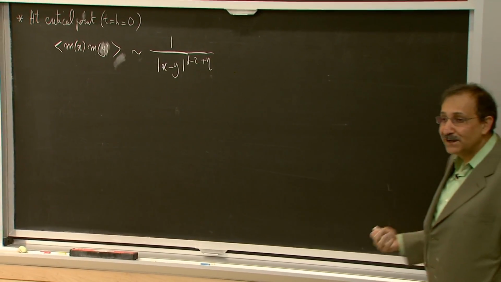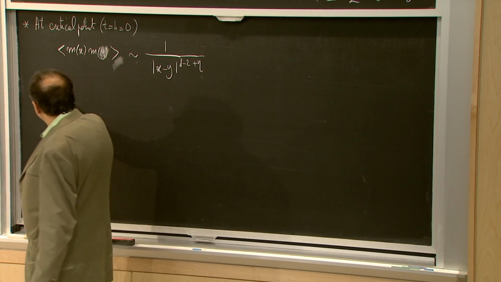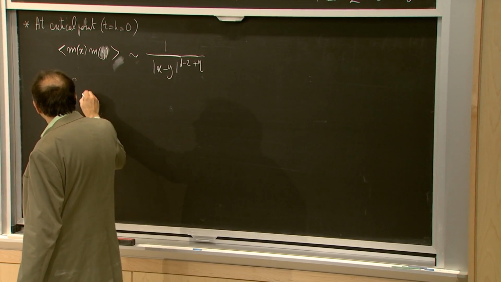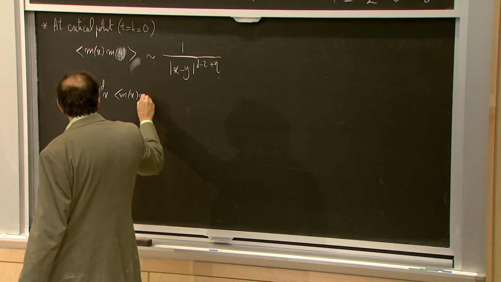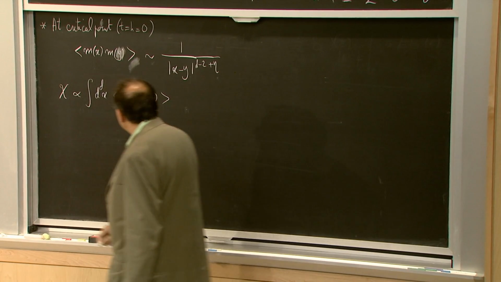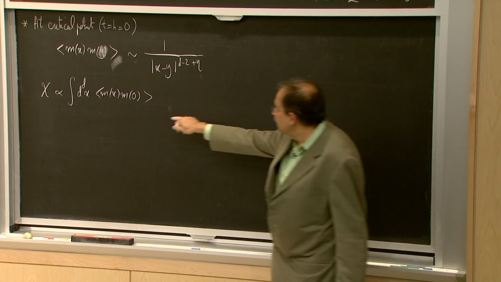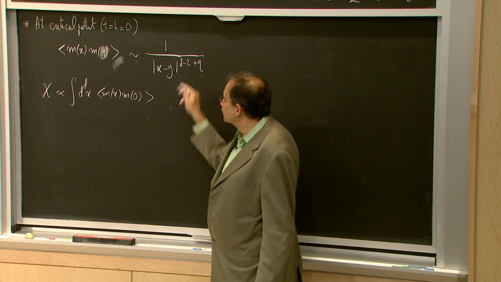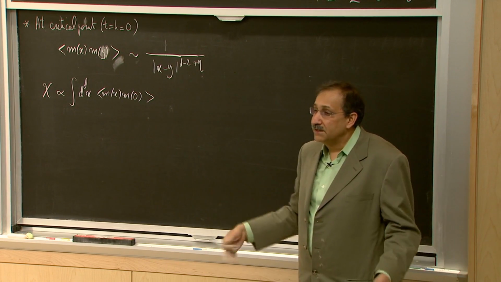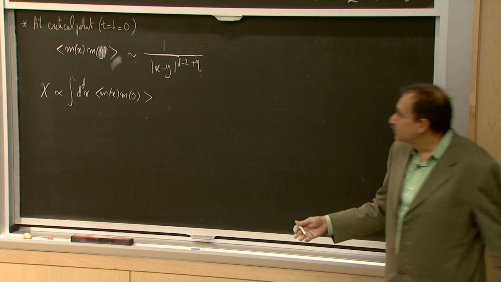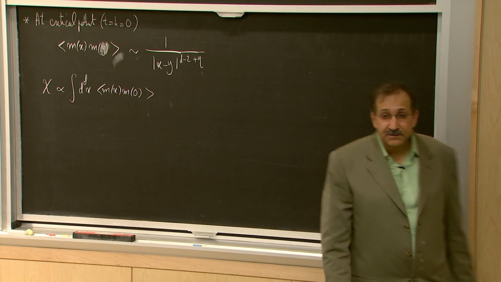We actually have seen how to do this already, because we know that in general the susceptibilities are related to integrals of the correlation functions. Now, if I put this power law over here, you can see that the answer is like trying to integrate x squared all the way to infinity. The answer will be divergent, and that's no problem. At the critical point, we know that the susceptibility is divergent.